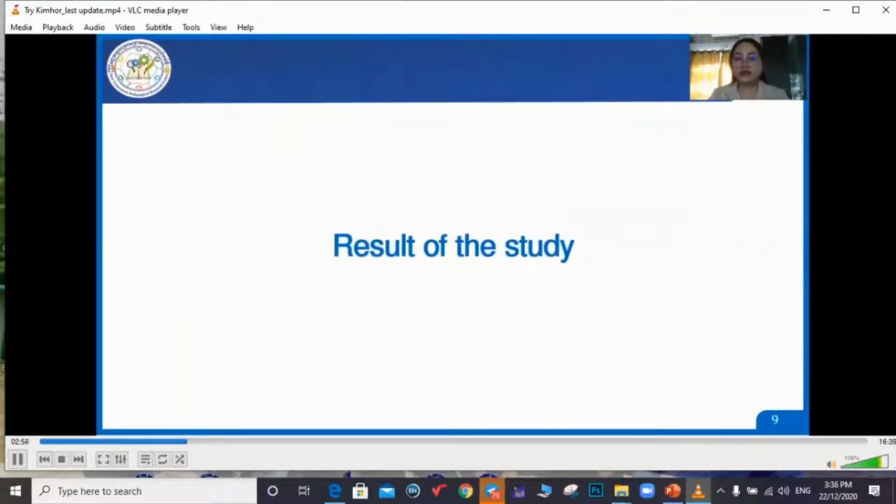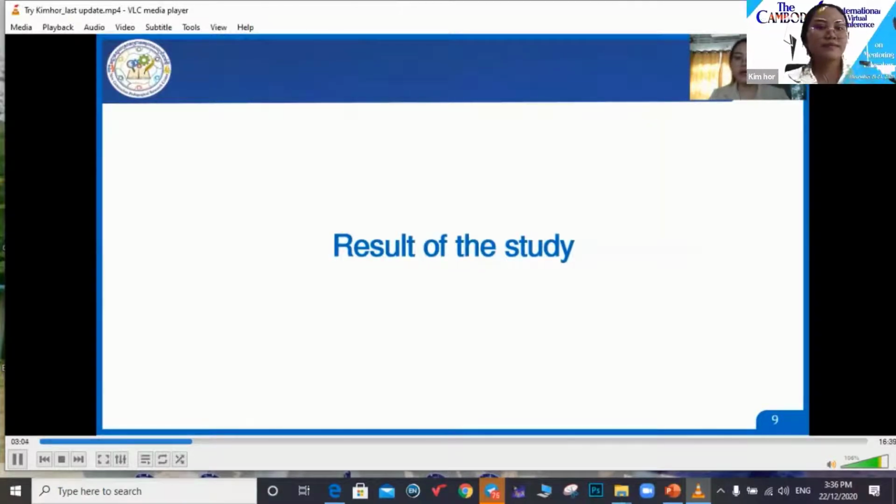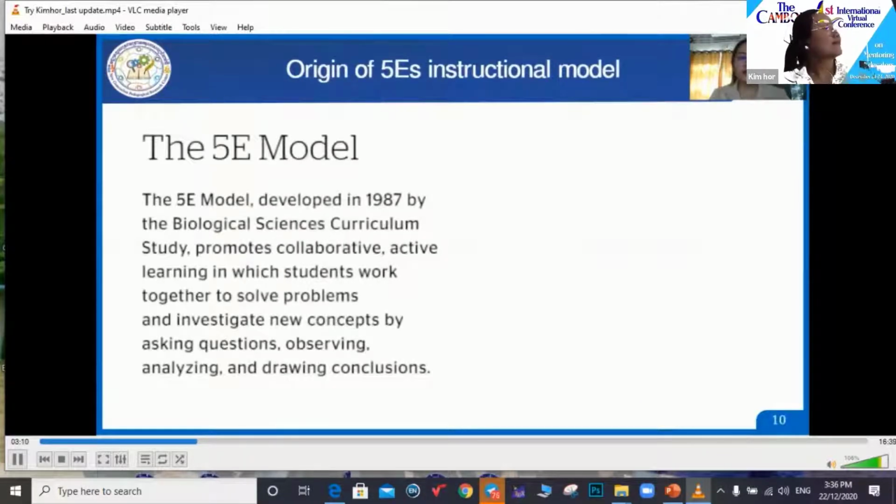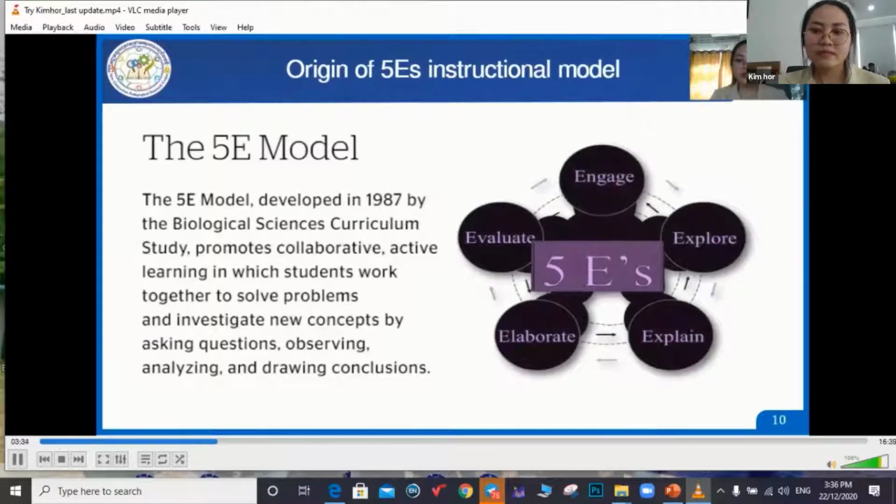So let's move to the results of the study. Before I jump to what I have found about the 5E instructional model, I would like to introduce what 5E is. The 5E model was developed in 1987 by the Biological Science Curriculum Study to promote collaborative active learning, in which students work together to solve problems and investigate new concepts by asking questions, observing, analyzing, and drawing conclusions. 5E contains five phases, each starting with the letter E: engage, explore, explain, elaborate, and evaluate.